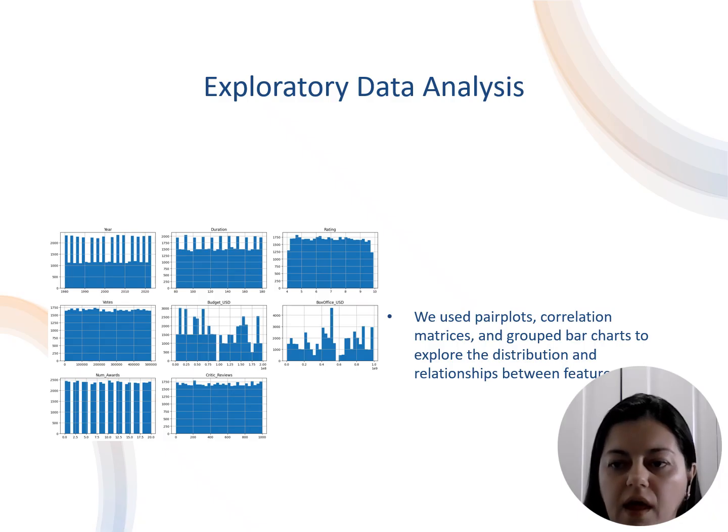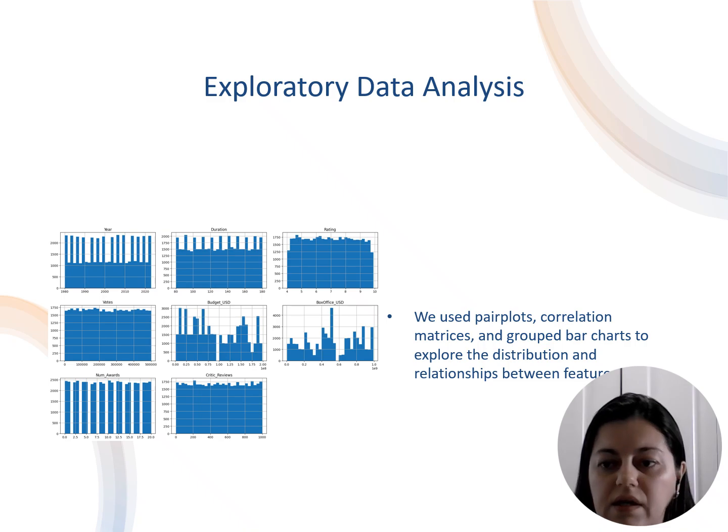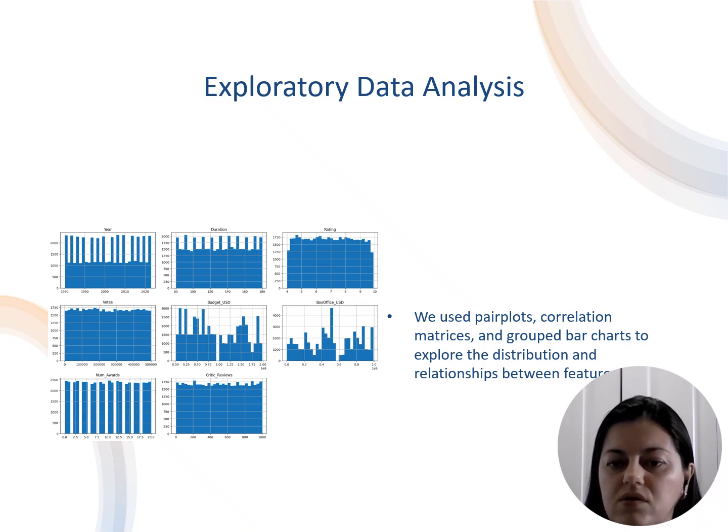I found that variables like movie duration and director Facebook likes had significant variability in some cases, and interesting correlations with the genre. I also used correlation heat maps to explore relationships among numeric features. This helped guide my choice of variables for modeling. For example, I discovered that some features contributed very little and could be dropped.